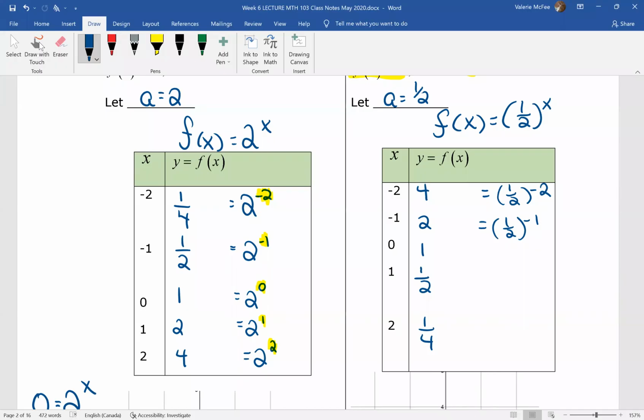I hope you caught my mistake there. I was thinking about the answer. For the first one, x is -2, y equals 4. X is -1, y equals 2, and so on.